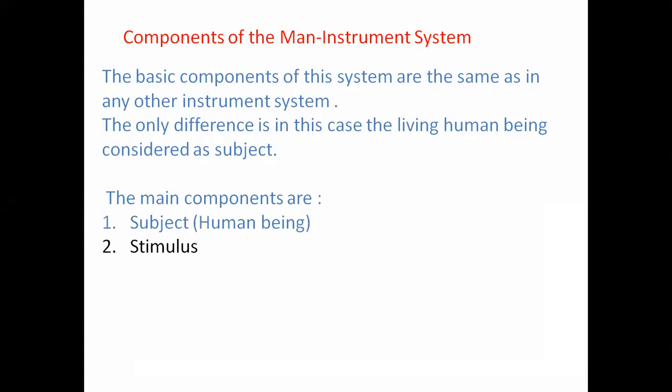So the stimulus is nothing but some sort of excitation. Suppose we are seeing a patient who is having some type of situation. If suddenly he sees a sudden light, the potentials generated in the mind will be different.